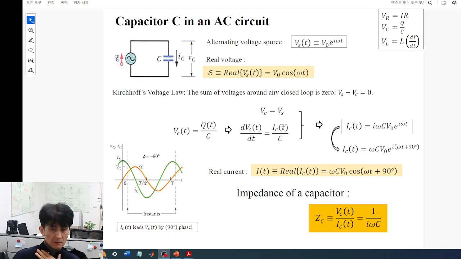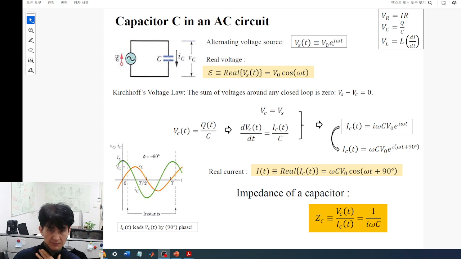So as the voltage is given as V0 exponential i omega t, where the voltage given by the source is equal to the voltage at the capacitor. So this is from Kirchhoff's law. So from this relation we can take the derivative of Vc over dt, dVc over dt, with this dVs over dt.